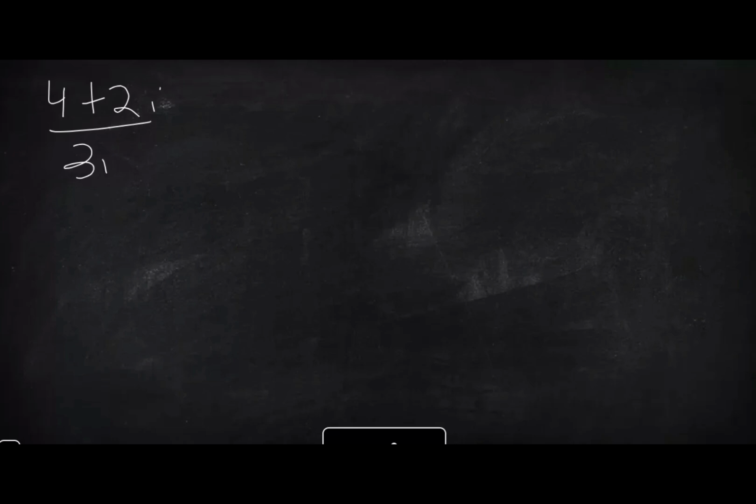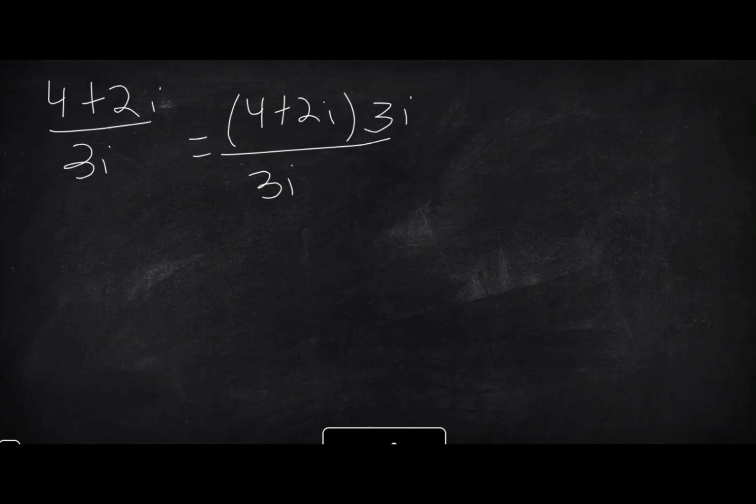4 plus 2i over 3i. You can go on and solve this. So this gives 4 plus 2i multiplying 3i over 3i multiplying 3i.